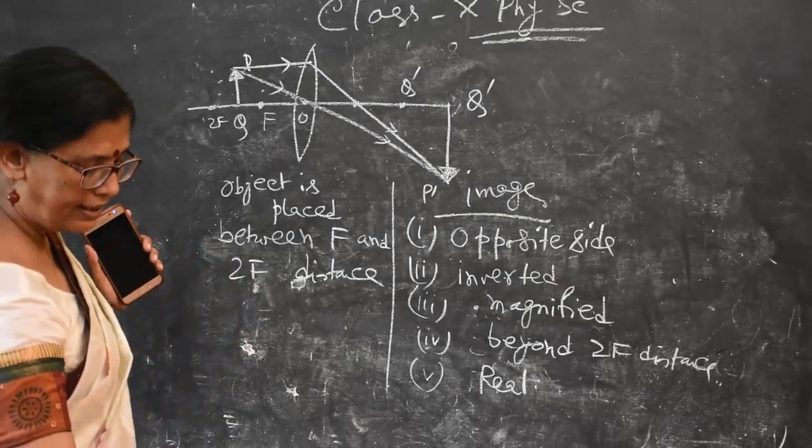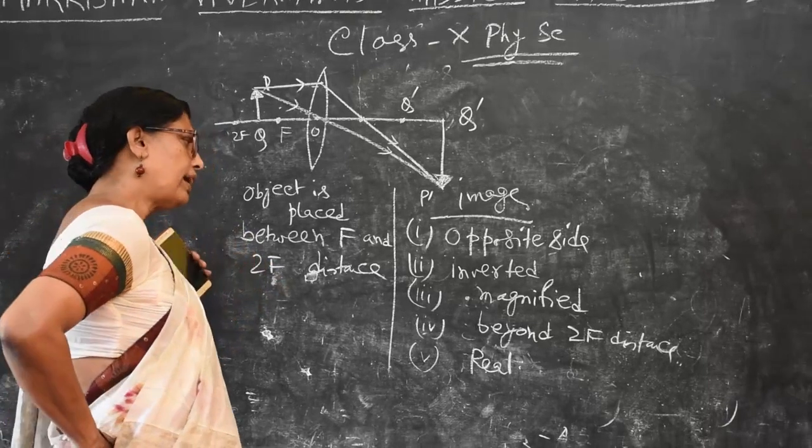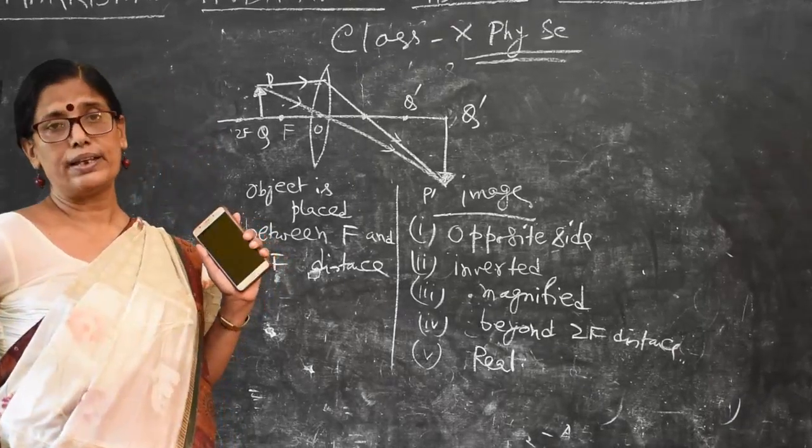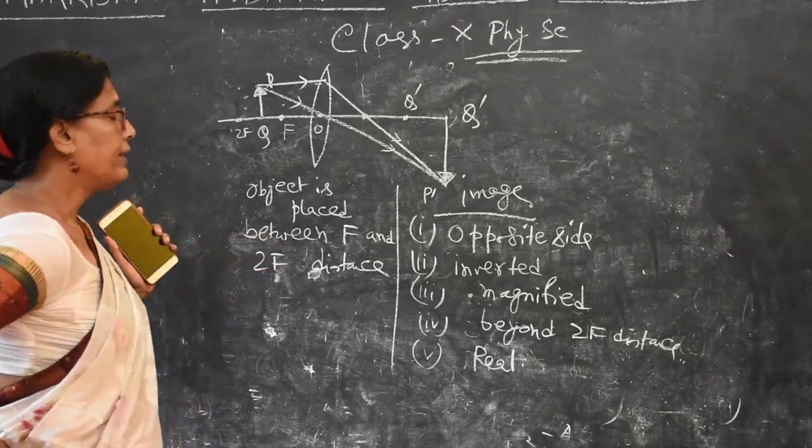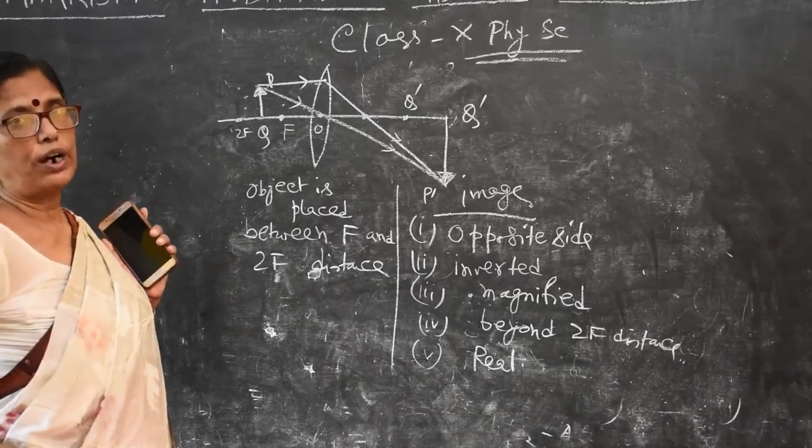Now we can discuss. It is always good to draw a real image, but one can use the virtual image also. That is very important. We draw the virtual image now.